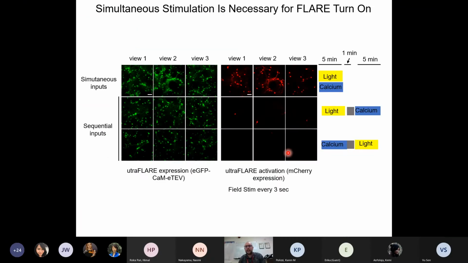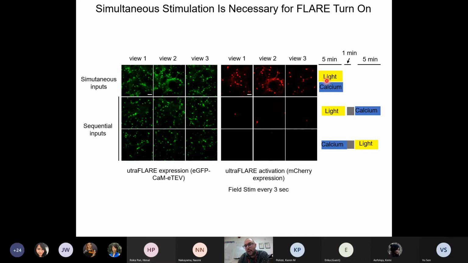Also, I would like to highlight that this tool really works like an AND gate, and the best way to measure that is to stagger the behaviors. So this is telling me that we are measuring the neural activity just in a specific time window.